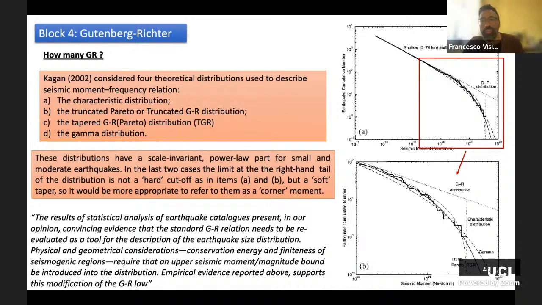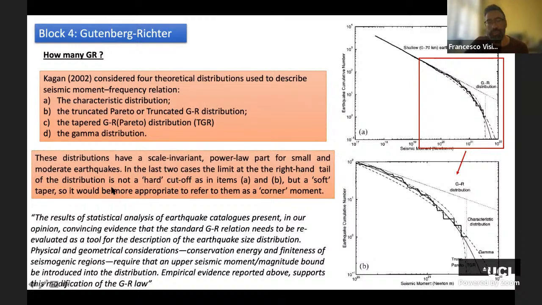Just to conclude about the Gutenberg-Richter, how many Gutenberg-Richter exist? We always talk about the Gutenberg-Richter, but actually different forms exist. There is a nice paper by Kagan, 2002, that shows that at least four different Gutenberg-Richter distributions exist. Here is a focus on the highest magnitudes, where we can see the differences between these four distributions. We generally talk about number one, the characteristic distribution, where the Gutenberg-Richter is hard truncated at a given magnitude, so there is a straight line, or you can have a sort of tapering at the highest magnitude.